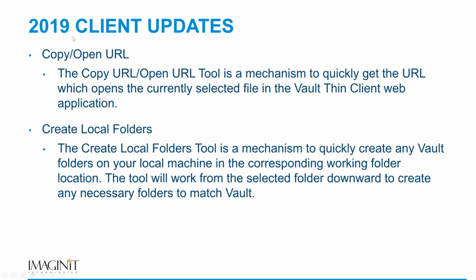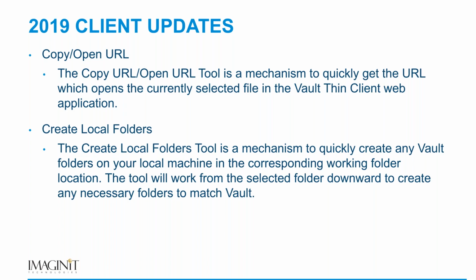Just real quick, I'm going to blow through some of the older what's new stuff, just so if you missed it, you know it's there. The first one would be to copy or open URLs quickly through our thin clients, creating local folders from Vault down to your local machine, which is very important.